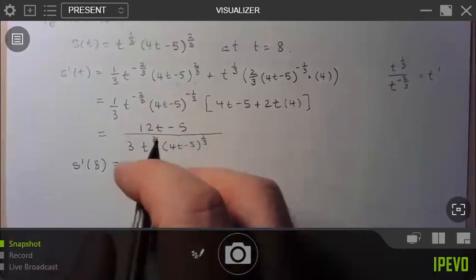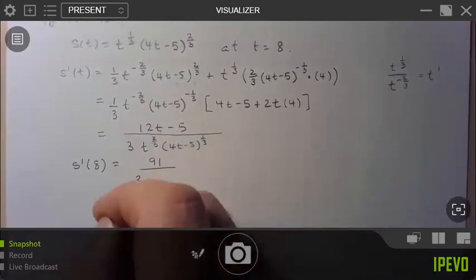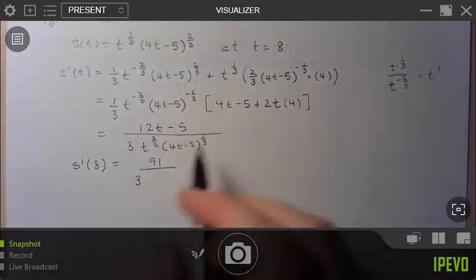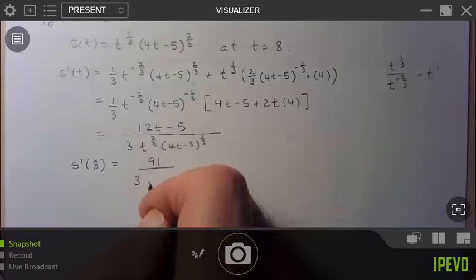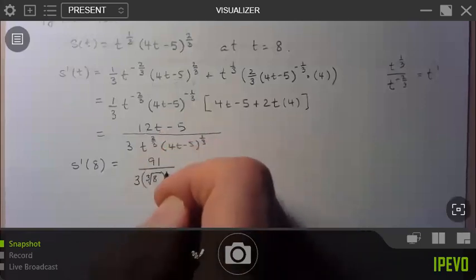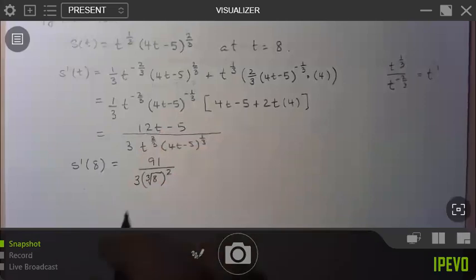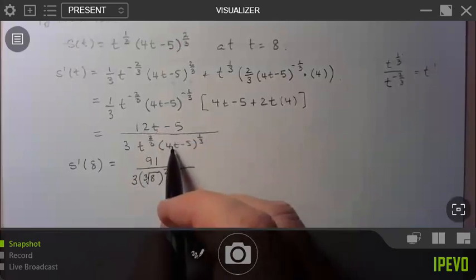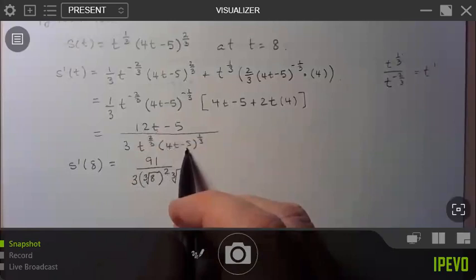Okay, and then here we've got 3 times. Well, let's see what's happening here. This is 2 over 3. So since I'm inputting 8, I'm going to take the cube root of 8 and then square it, because that's going to be much easier. And then here I'm going to have the cube root of 8 times 4 is 32 minus 5 is 27.